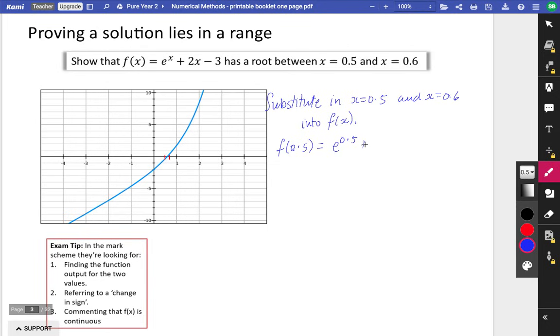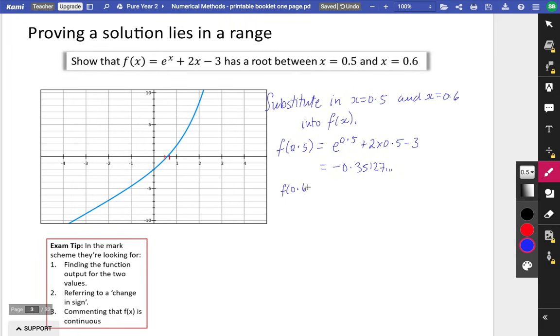So that's e to the 0.5 plus 2 times 0.5 minus 3, and we're going to see what we get. Hopefully this will give us an idea of what we're going to be doing with this topic. So I'm going to put into my calculator e to the 0.5 plus 2 times 0.5 minus 3, and we get the answer minus 0.35127, and that just keeps going.